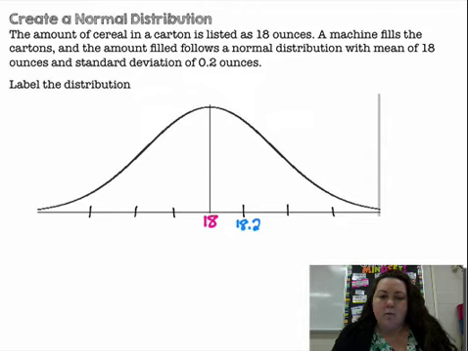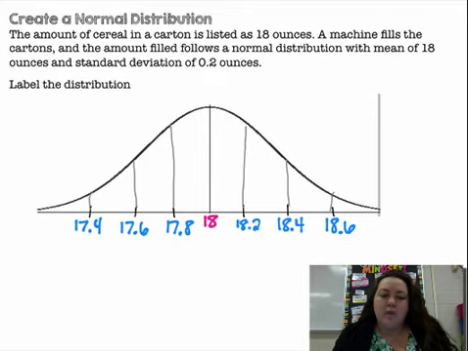When I add one standard deviation, 0.2, I get 18.2. When I add another standard deviation, so 2 standard deviations, it would be 18.4, and 3 standard deviations would be 18.6. Now if I subtract 0.2 from 18, then 0.2 from 17.8, and 0.2 again, I get 3 standard deviations that are less than the mean.